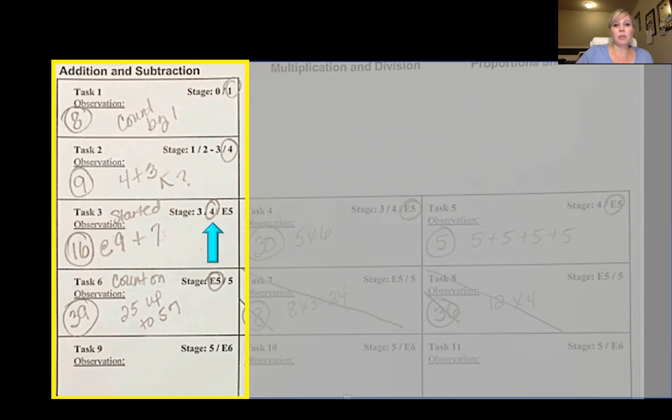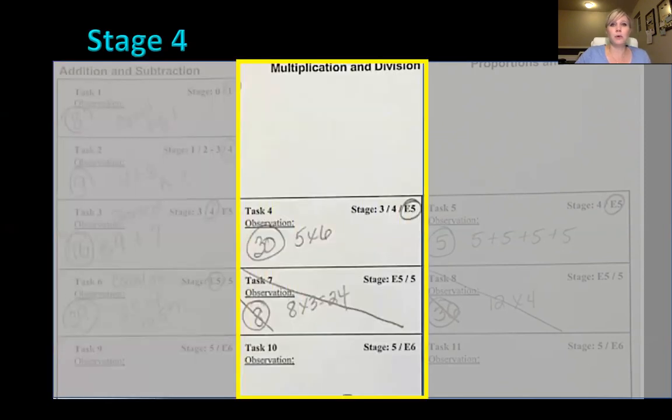So we're going to want to go back and take a look at task 3. And if we look at the guidelines on task 3, it says that counting on falls right in a stage 4. So we're going to score this addition subtraction domain as a stage 4.